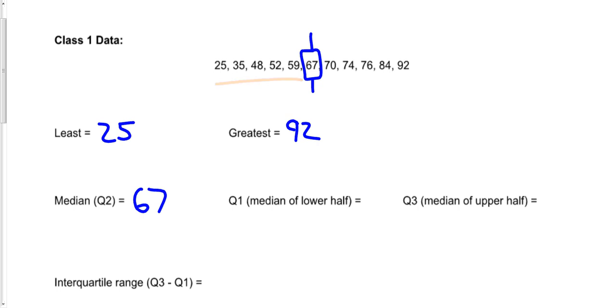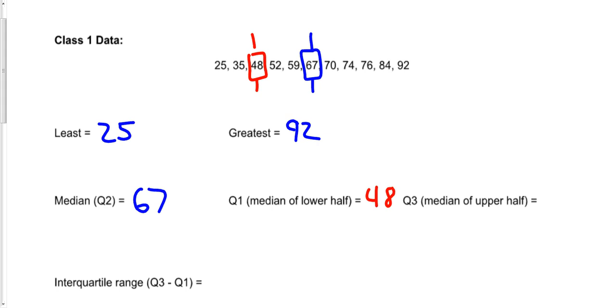Well, the middle number is right here, 48. Okay, and it splits that data set in two. There's two numbers to the left of it and 2 numbers to the right of it. Okay, so the middle of my lower half, or my Q1, is going to be 48.